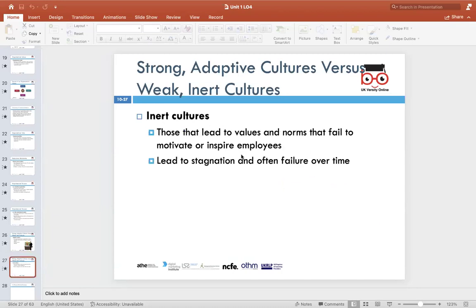Whereas an inert culture is one where they are not led well, and it's failing to motivate them. Associates are not inspired to work hard. There might be stagnation in the future. They're more prone to failure because they don't enjoy doing their job or their task. So each organization culture might play a different role in the end goal of the organization as well.